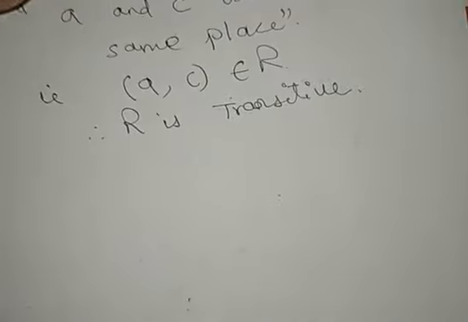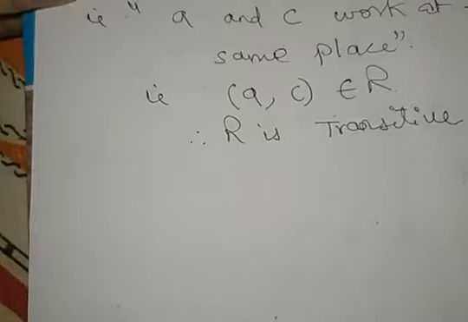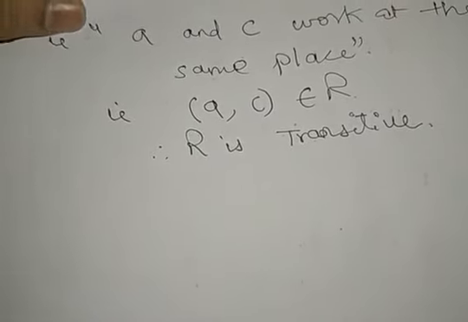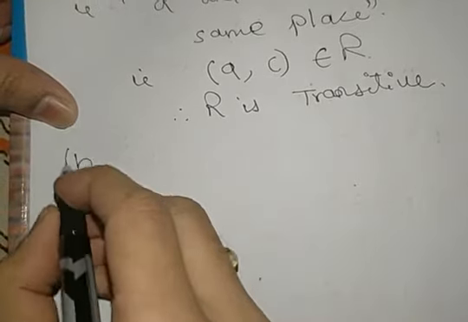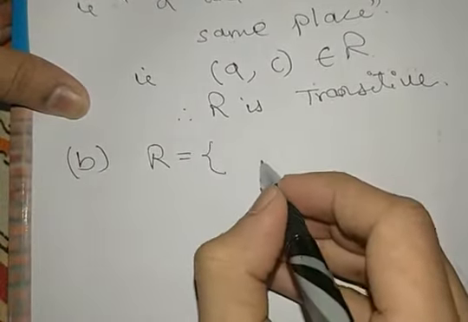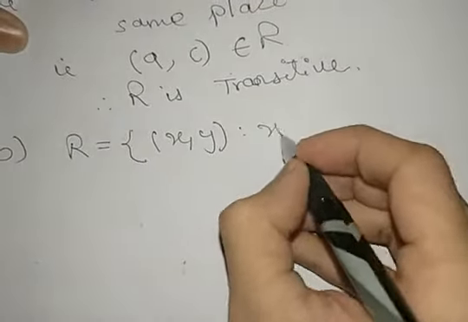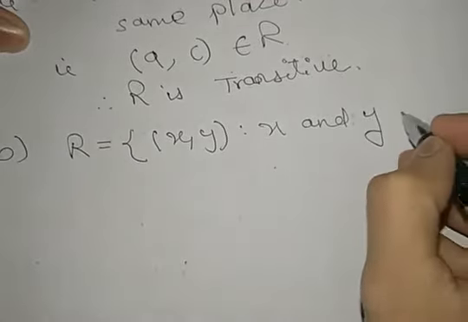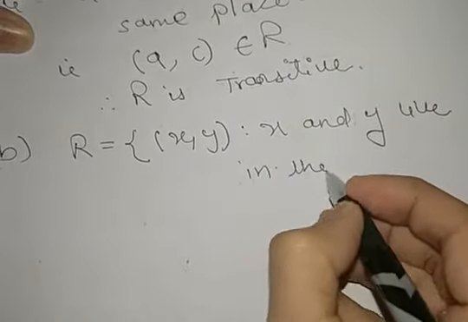So that was problem number 5, part A. Now let us go to the next problem, that is B. Here the relation R is given to be the set of all (x, y) such that x and y live in the same locality.